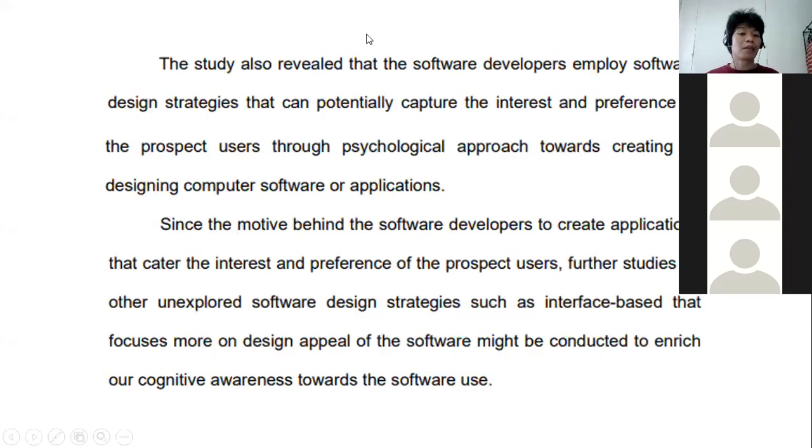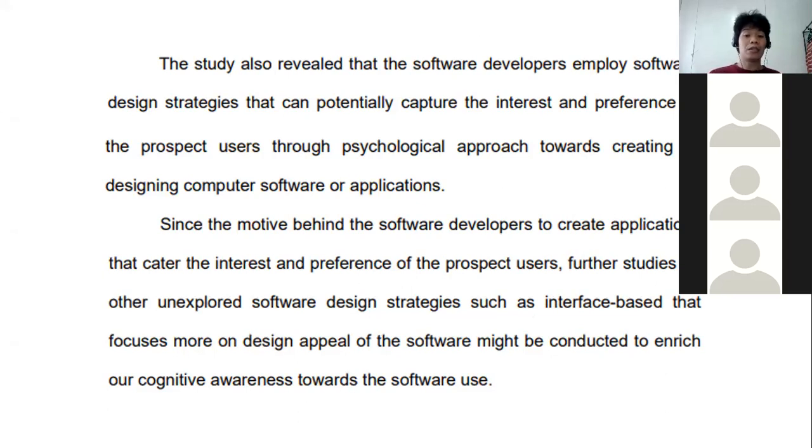So here's the recommendation of a qualitative study connected to the studies that I've shown to you, the examples. The study also revealed that the software developers employ software design strategies that can potentially capture the interest and preference of the prospect users through a psychological approach towards designing computer software or applications.